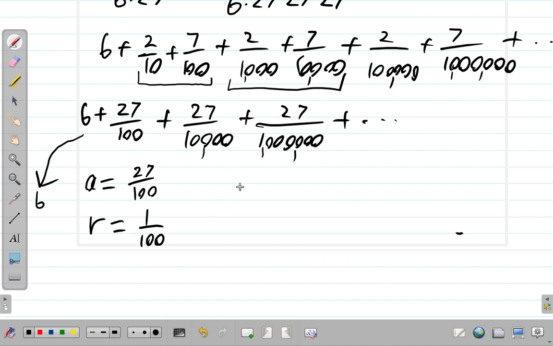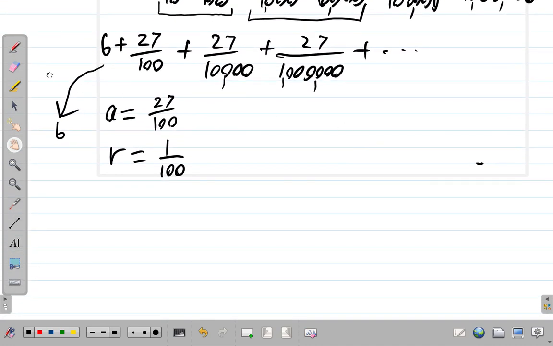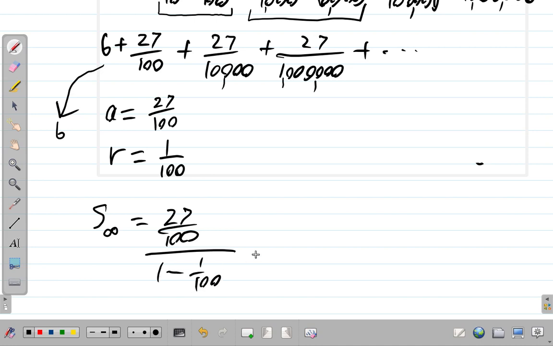Now, here we have these terms, 27/100 plus 27/10,000 plus 27/1,000,000, and so on and so forth. It goes. Alright? The question now is, what is the sum? Remember, the sum to infinity is a over 1 minus r. So the sum to infinity of this is equal to 27 over 100, which is a, divided by 1 minus 1/100.